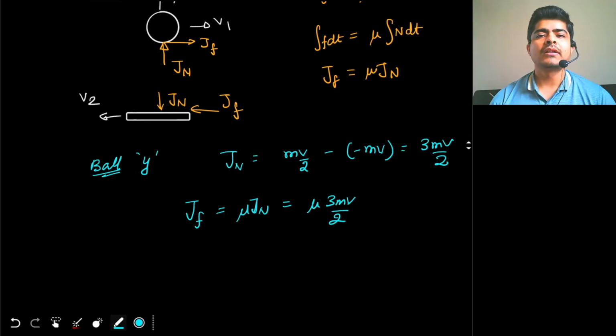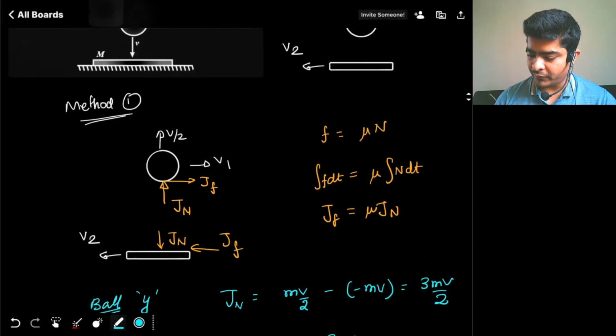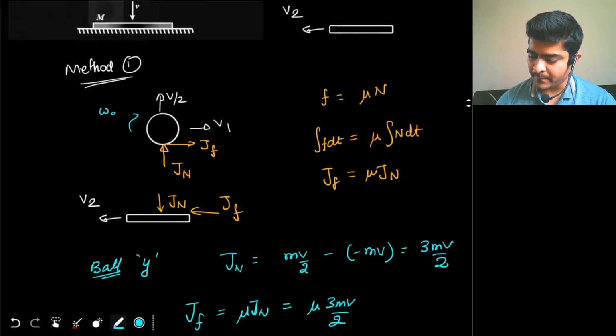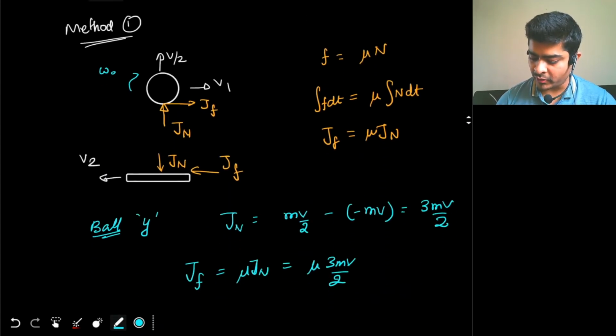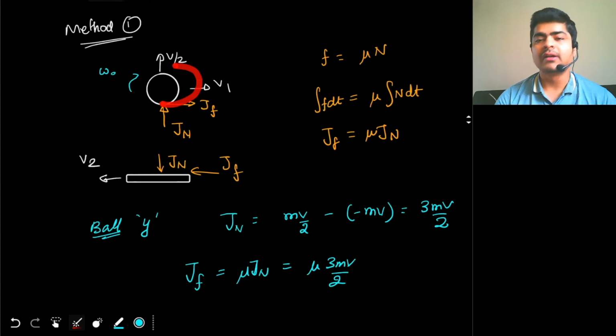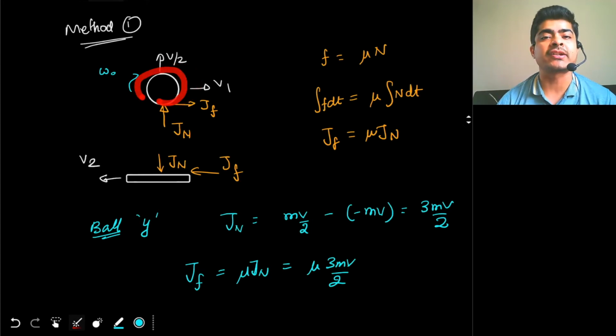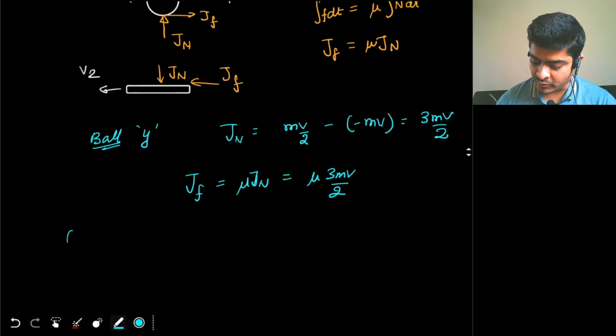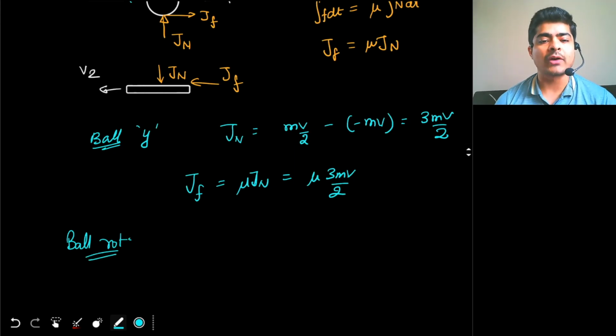Okay. Now there's another thing that will be happening. The ball had initially angular velocity omega naught, and the friction is creating angular impulse in the opposite direction. The frictional impulse will create angular impulse in the opposite direction, and the ball stops spinning. That's what it says. So for the ball's rotation, what do we have?